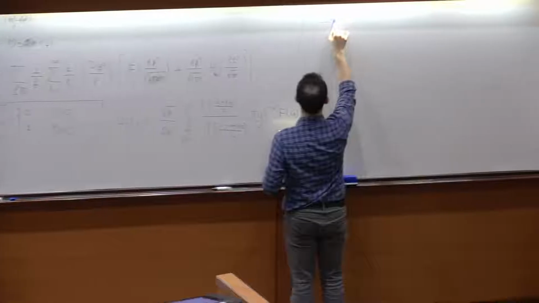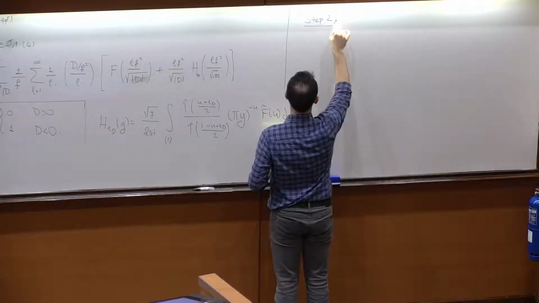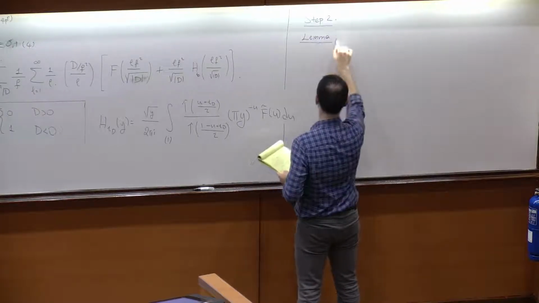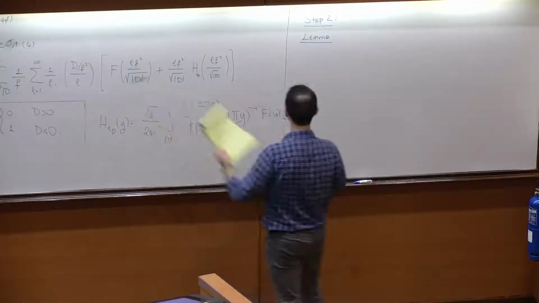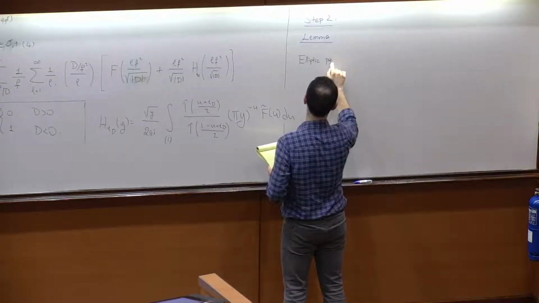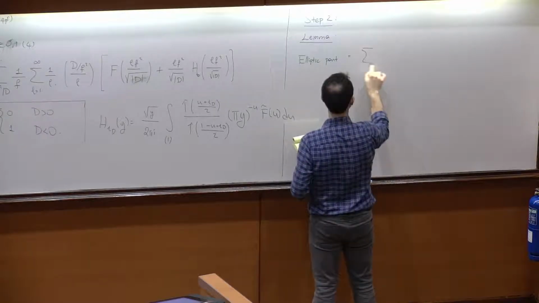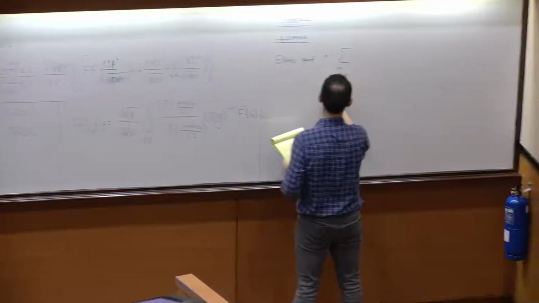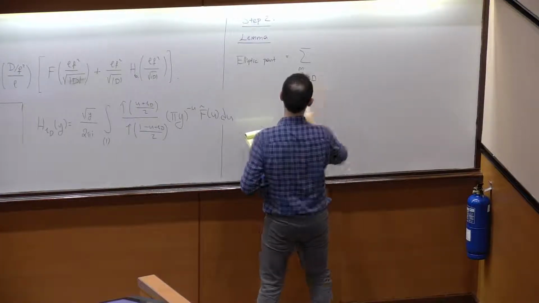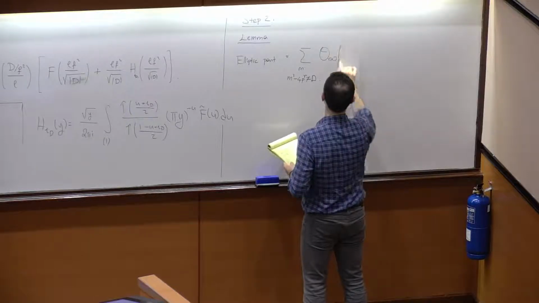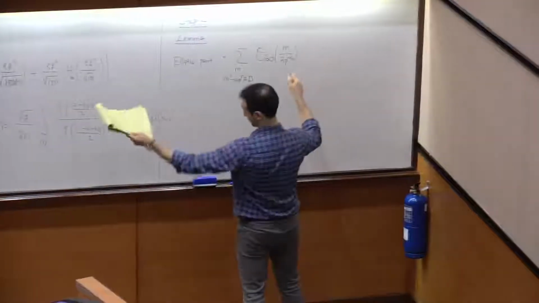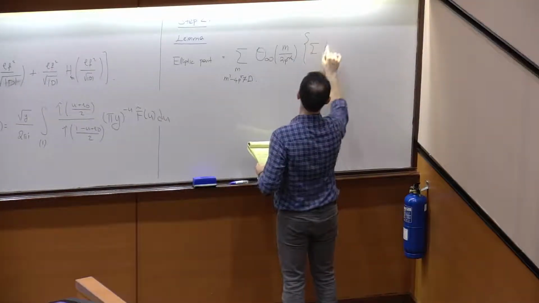So step 2, rather, is a lemma: the elliptic part can be rewritten as a sum over m such that m squared minus 4p to the r is not a square, of this theta infinity of m over 2p to the r over 2, times what we're getting from the approximate functional equation.